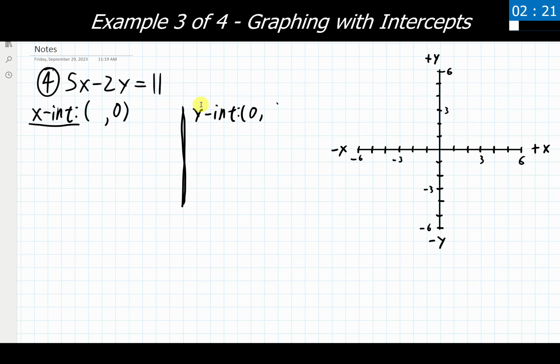So, got that there. Here's our spot for our x-intercept. For y, let's plug in zeros and find out what our 2 points are.